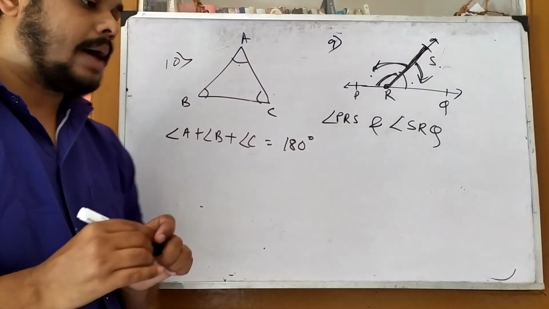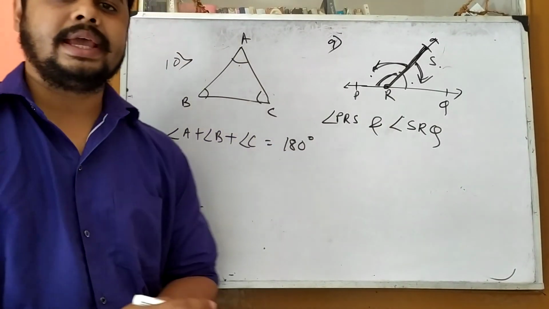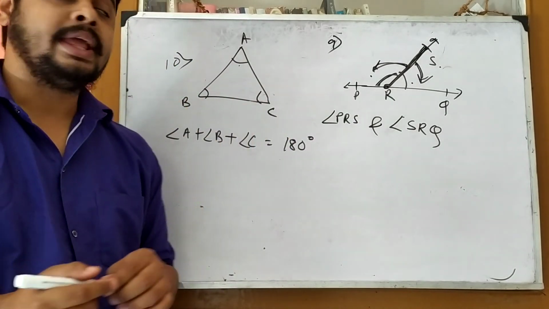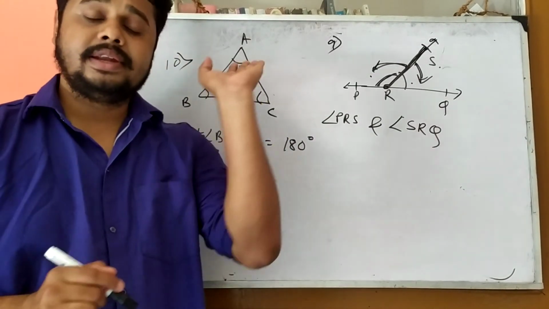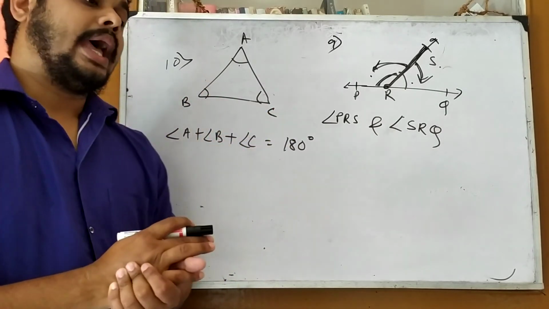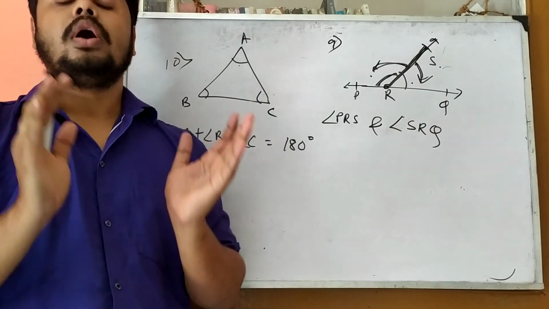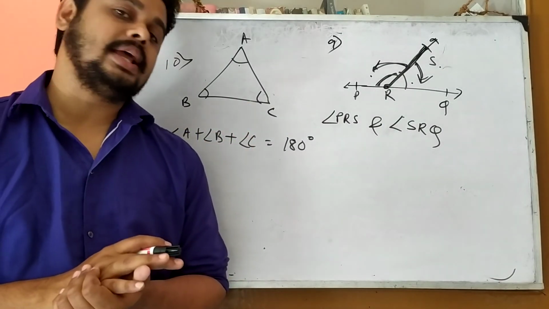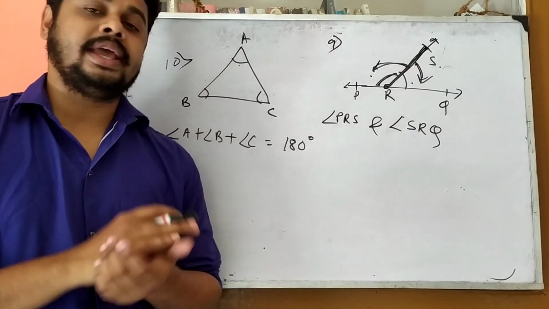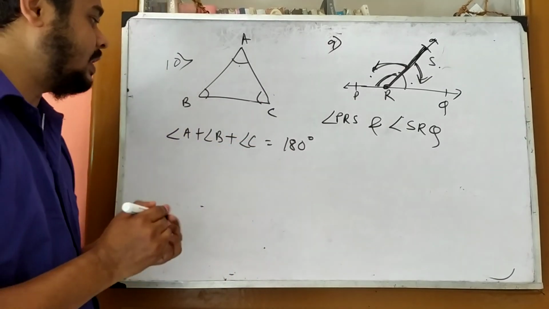That is, the sum of all three interior angles of a triangle is 180 degrees. That is our angle sum property. It is given that it is an equilateral triangle, meaning all three sides are equal. If three sides are equal, then three angles are also equal.